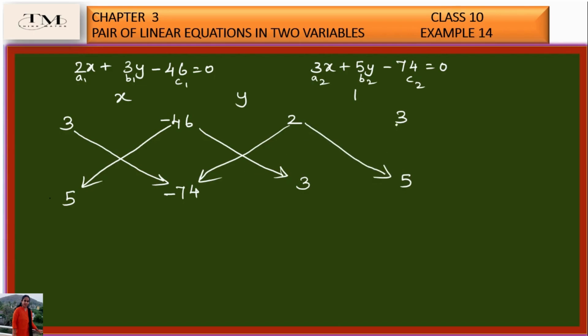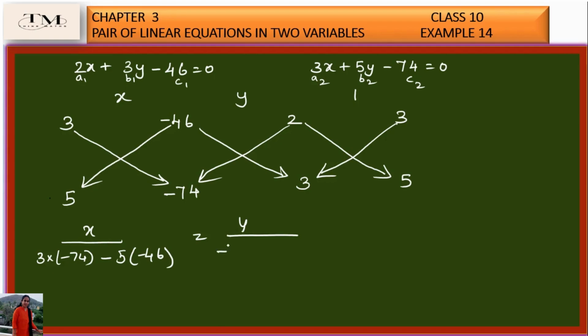When we cross multiply, we can find the solution. That is x divided by 3 into minus 74 minus 5 into minus 46, which is equal to y divided by minus 46 into 3 minus 74 into 2, which is equal to 1 divided by 2 into 5 minus 3 into 3.